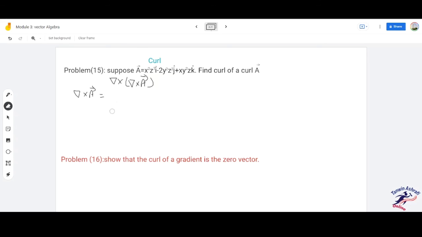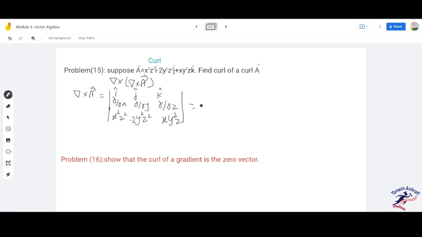The components are x square y z square, minus 2y square z square, and x y square z.